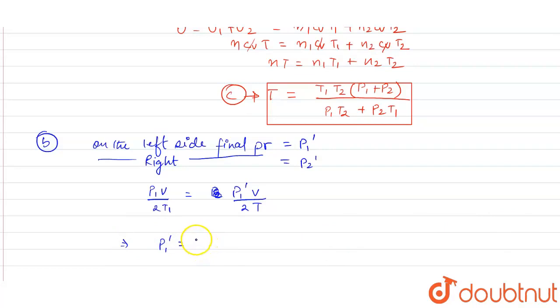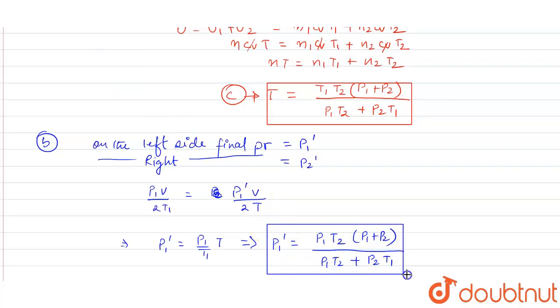So P1 dash will be P1 upon T1 into T, correct? Substituting the value of T as calculated above, we get the final pressure on the left side as P1 T2 into (P1 plus P2) whole divided by P1 T2 plus P2 T1. So our final pressure on the left side is this.